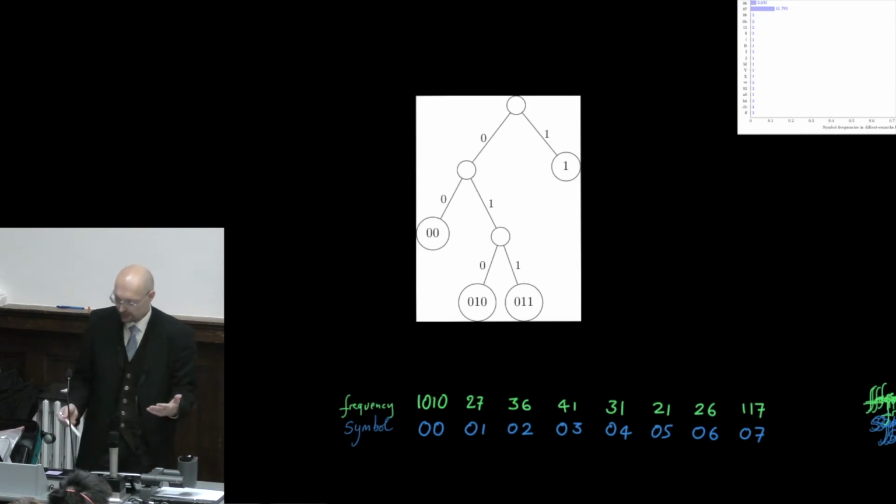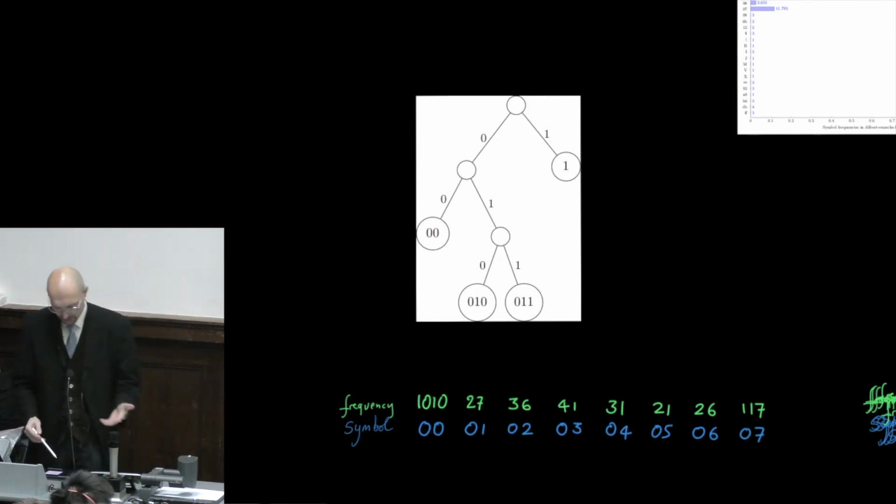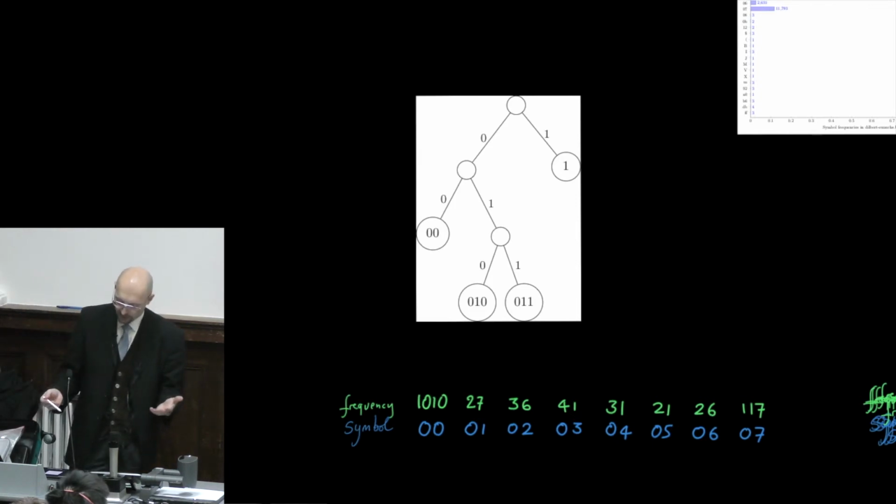But you can't do that if you said that you can only have nodes that either have no children, in which case they are leaves, and that's where the code words live, or they have 2 children. Because if you are a code word, then you're not going to have children, and you're not going to be able to continue into something else, of which you would be the prefix. So this is a procedure for building a prefix code. Just build yourself a tree like that.